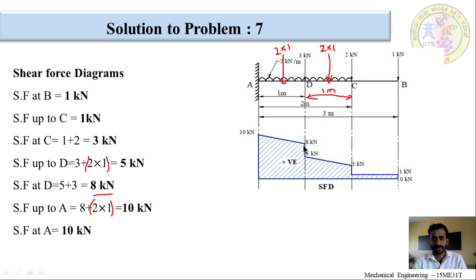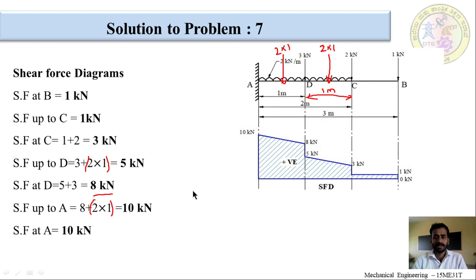Hence, the shear force line is an inclined straight line from D to A, up to shear force at A, that is 10 kilonewtons. After this, you have to hatch the portion below this shear force diagram and mark it as positive shear force, because according to the sign convention, the shear force is positive.